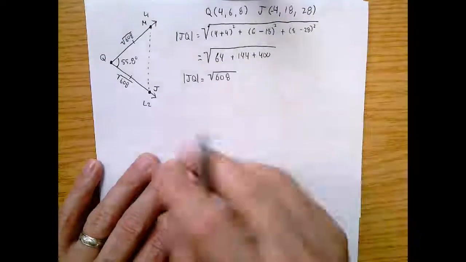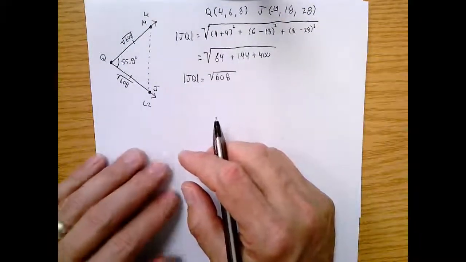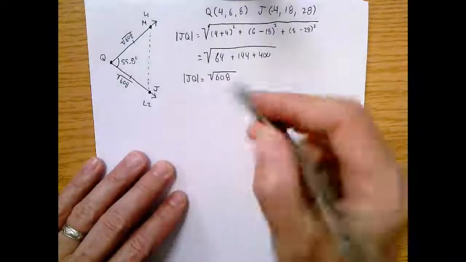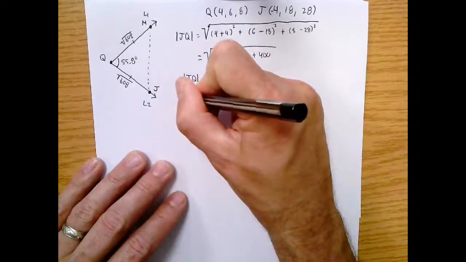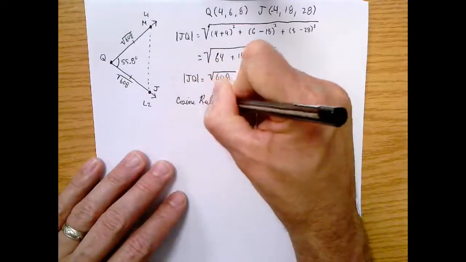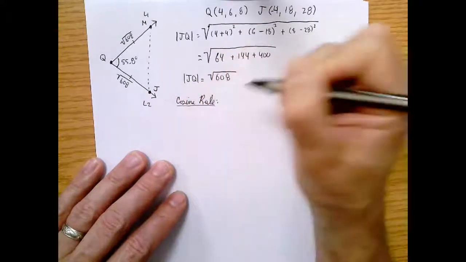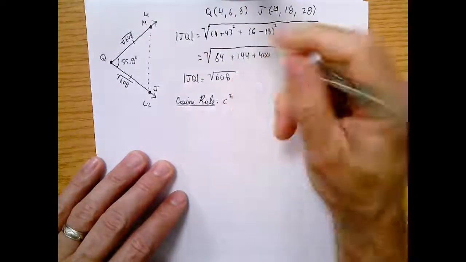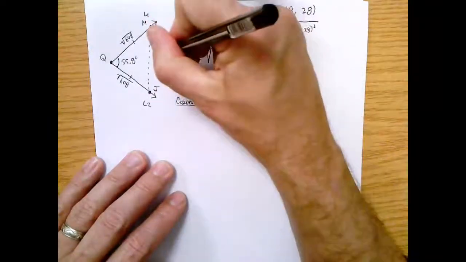Because now we get to go back a couple lessons or thought processes and go back to the good old-fashioned cosine rule. If you don't remember the cosine rule, let me write it out for you. The cosine rule tells us that c squared, in this case that would be this right here, that would be my c.